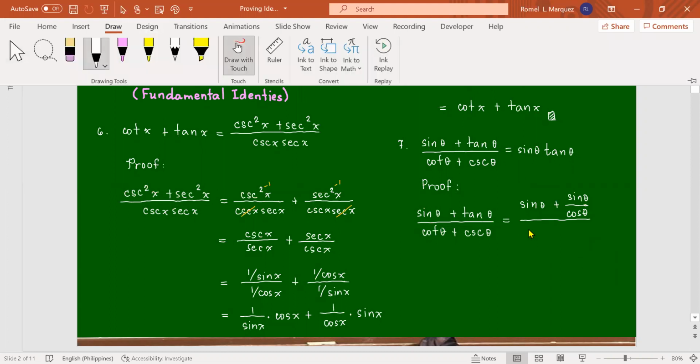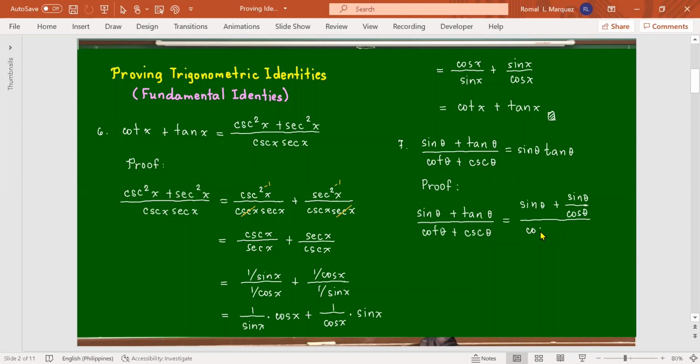So getting in the denominator cosine theta over sine theta. Then plus 1 over sine theta. That is the reciprocal identity for cosecant theta. So this is now a complex fraction.